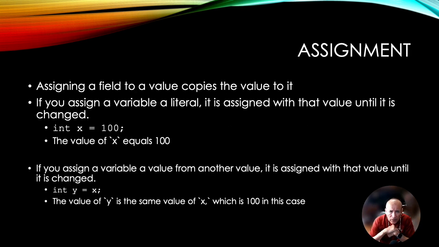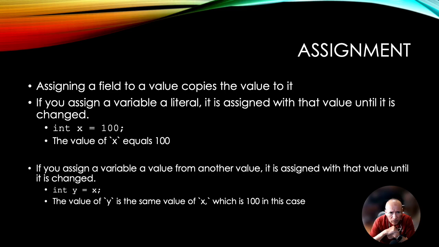All right, probably the most important operator, and the one that you're going to use every single day, is the assignment operator. You're going to assign a value to a field. Sometimes it's a literal. It could also be a field value assigned to another field value. The syntax is pretty straightforward.